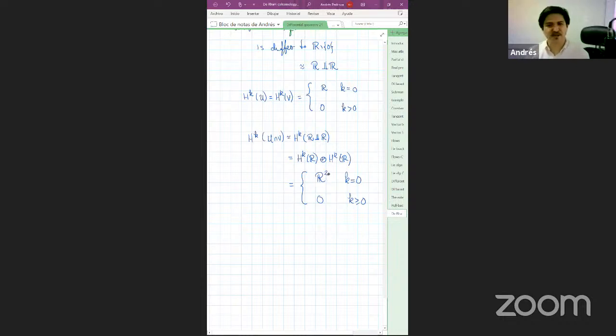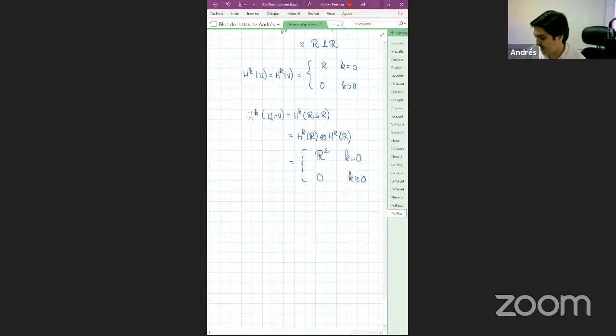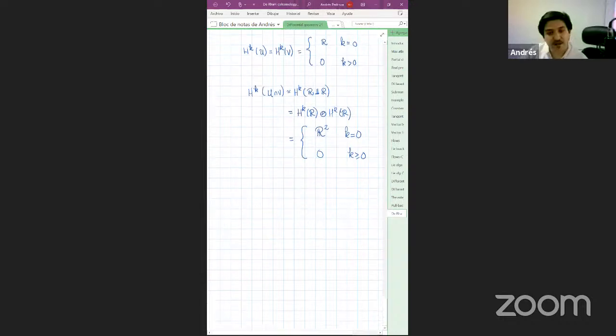And this is what you answered at the beginning, because you have 2 components. Okay? So, for U, V, and the intersection, we know the cohomology. And let's put all of this together. You get the Mayer-Vietoris sequence and try to compute the cohomology of the circle.